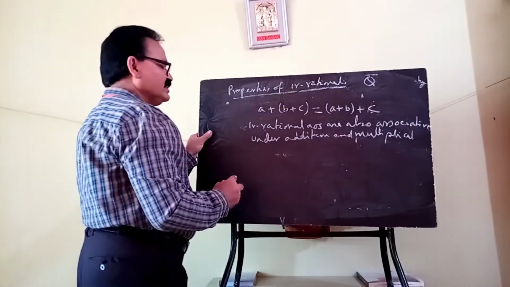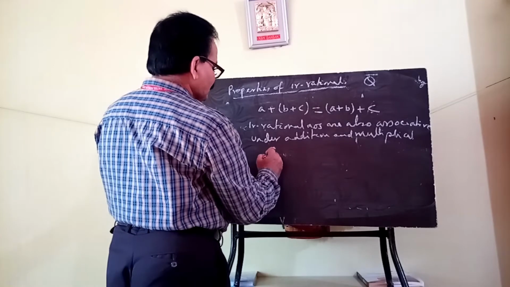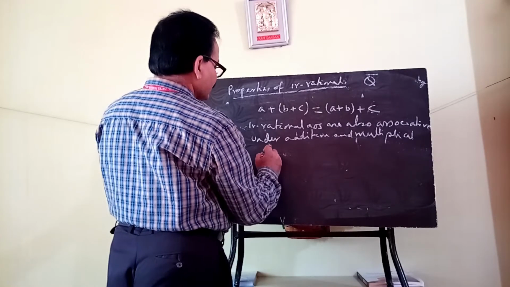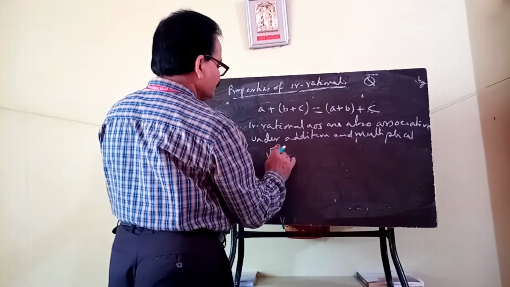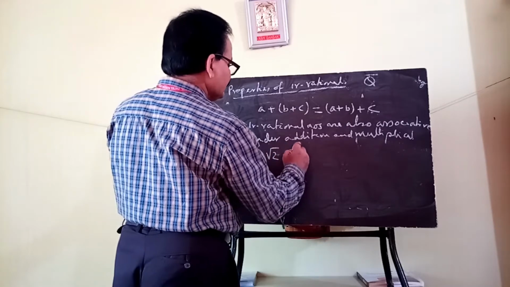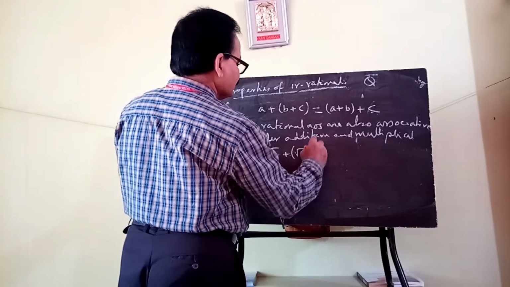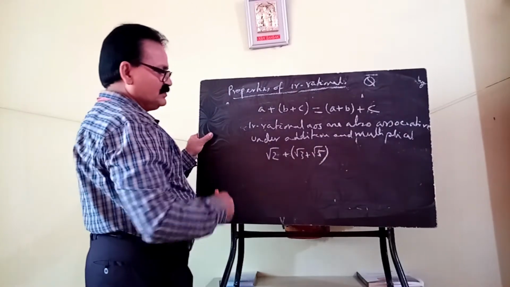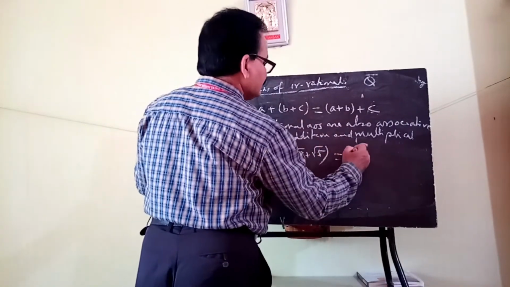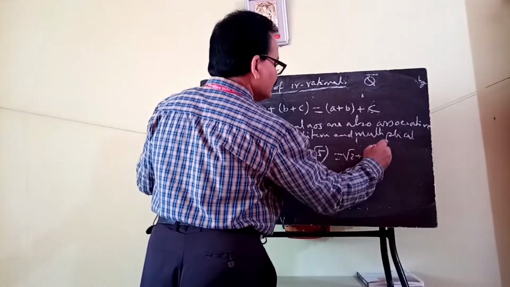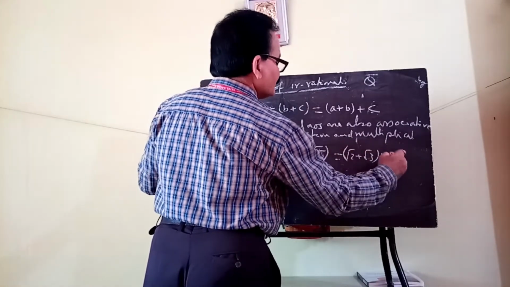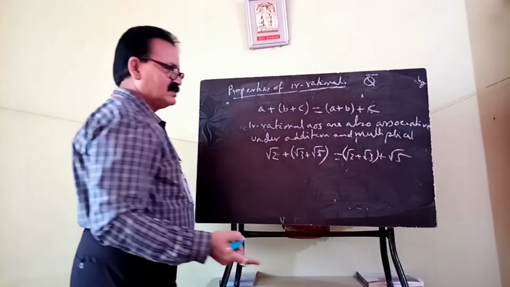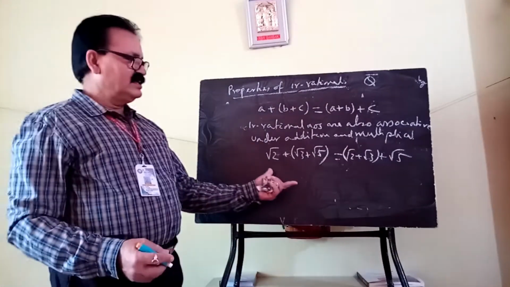Let us take an example. Suppose this is your root 2 plus root 3 plus root 5. If we change the sequence, root 2 plus root 3, then plus root 5, the value will be the same.